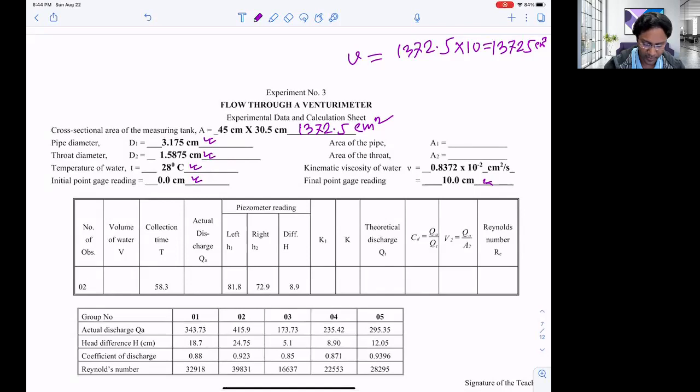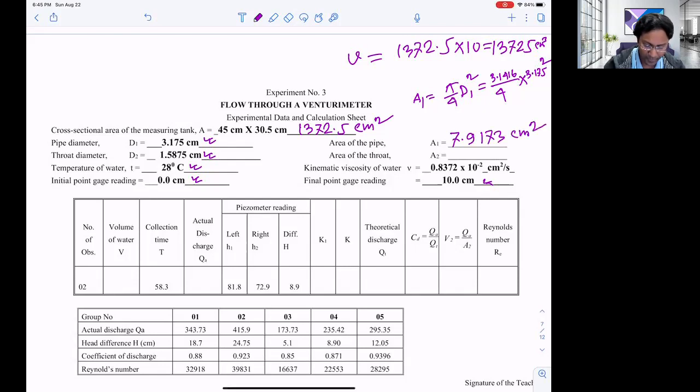And what will be the area of the section at 1? A1 will be pi over 4 and D1 squared. So 3.1416 divided by 4 multiplied by 3.175 squared, and we are getting 7.9173 centimeter square.